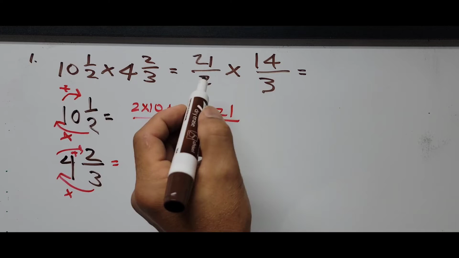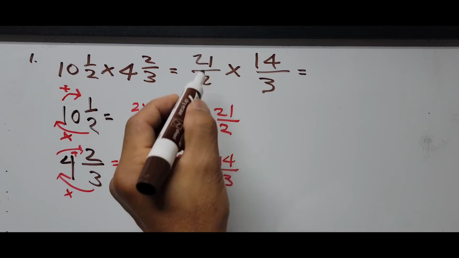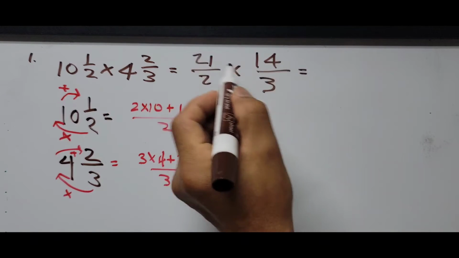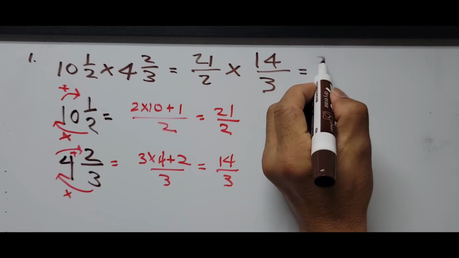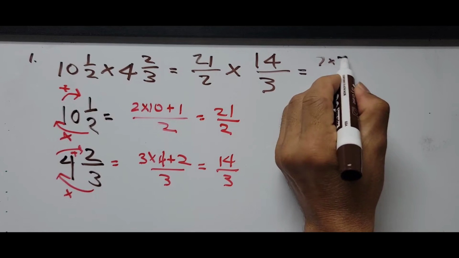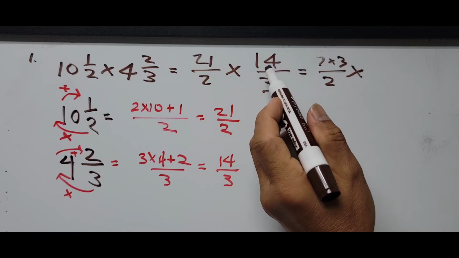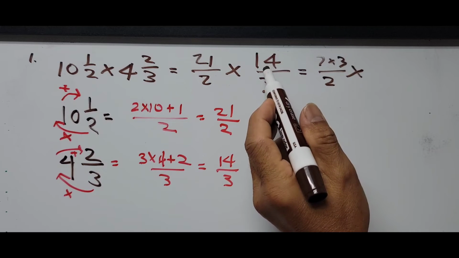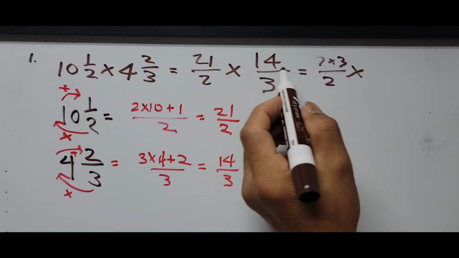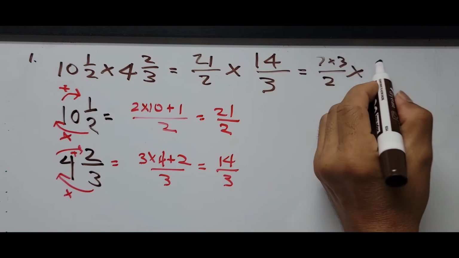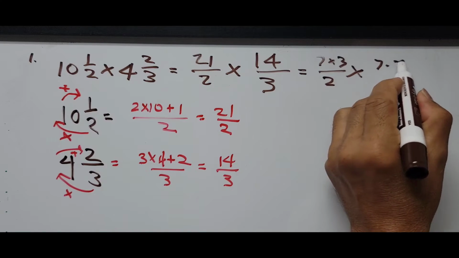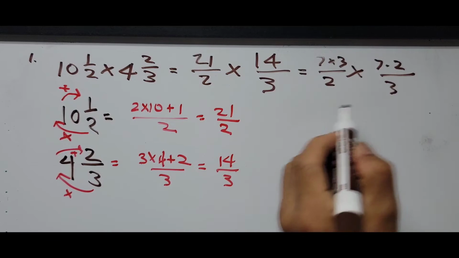Okay, so in here, 21 is also expressed as 7 times 3, over 2, multiplied by 14 over 3, which can be expressed also as 7 times 2, divided by 3.